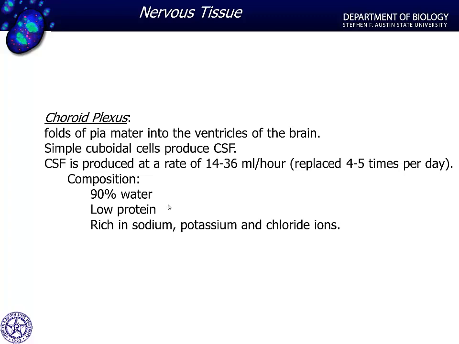And that largely is going to be another very potent protective way of keeping the central nervous system somewhat immune separated from the rest of the body, and that includes the brain, brainstem, and the spinal cord. As you can see, the composition is primarily water, very little protein, but we're going to have sodium, potassium, chloride ions, all those ions you would expect to see in and around our neuronal cells, and again, principally present to be isotonic, but to create a rapid flowing environment.